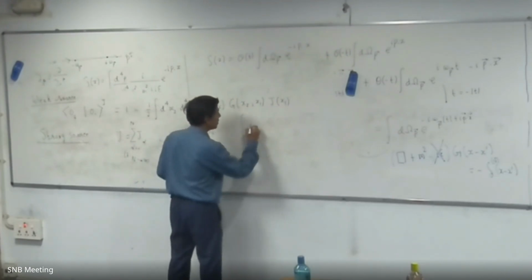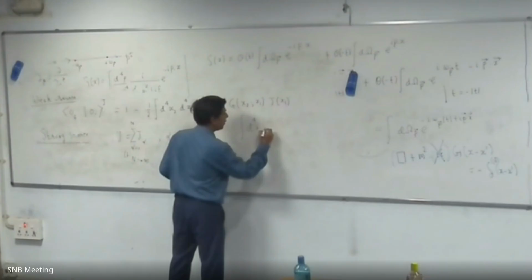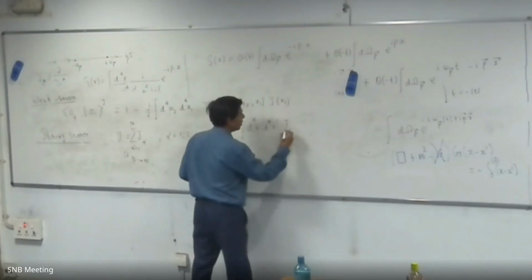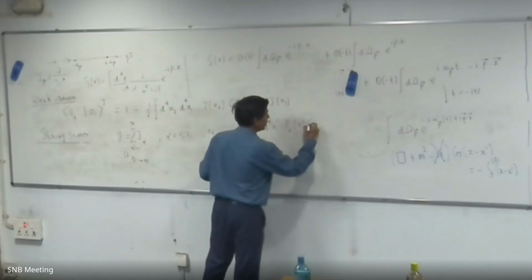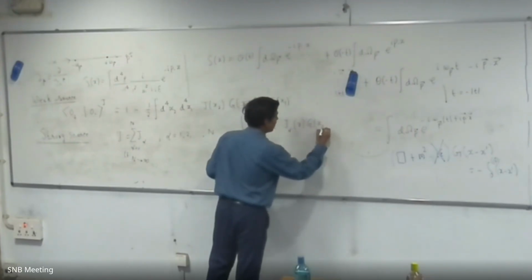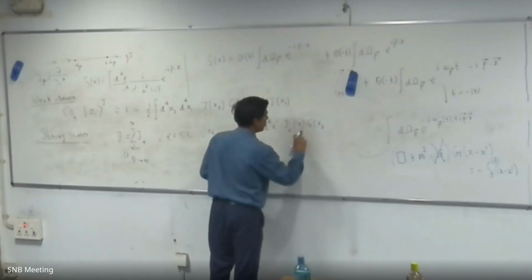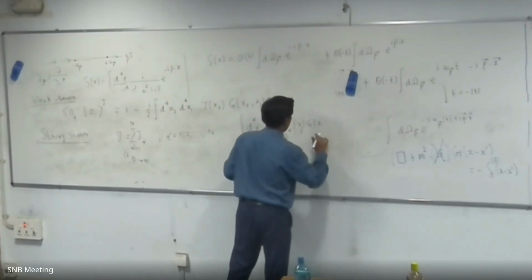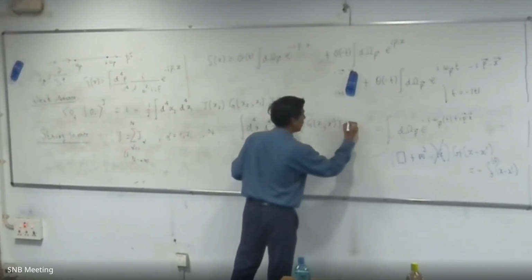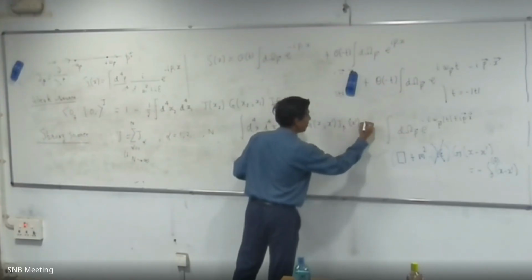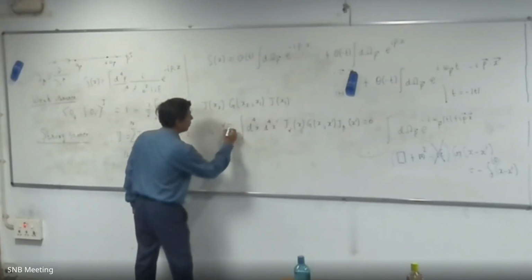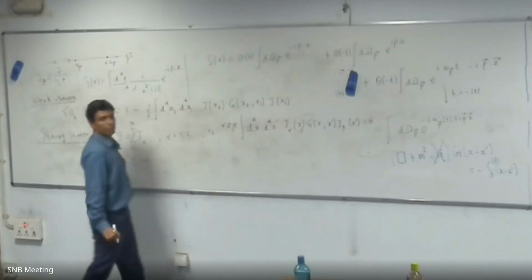This basically means that the integral d4x d4x prime J alpha(x) G(x; x prime) J beta(x prime) is equal to 0 for alpha not equal to beta.